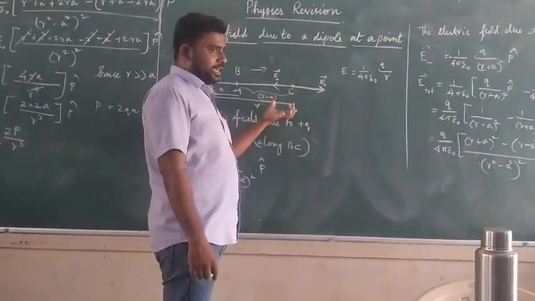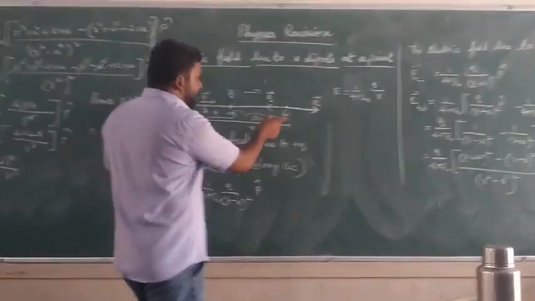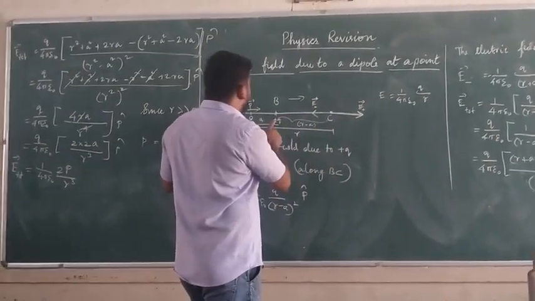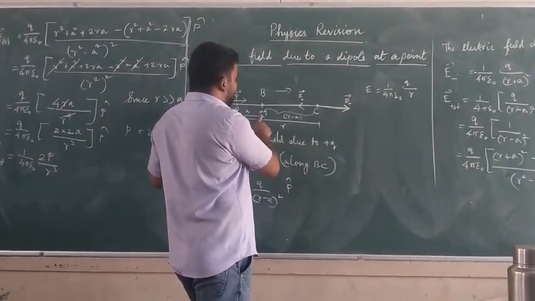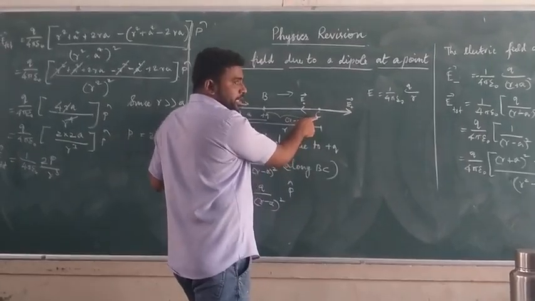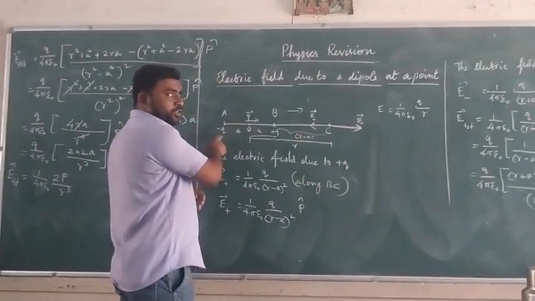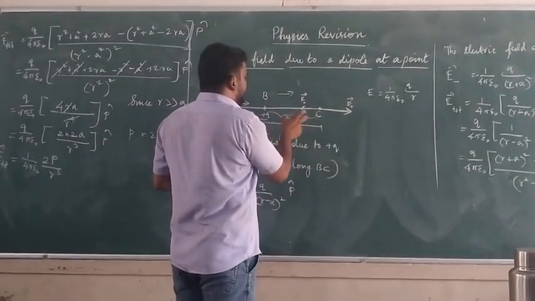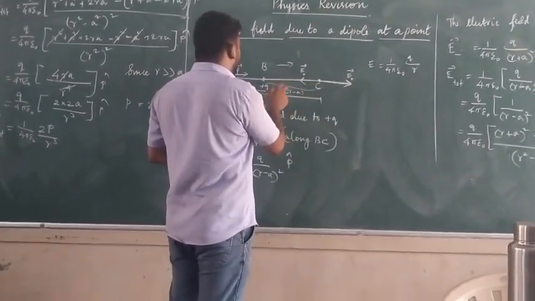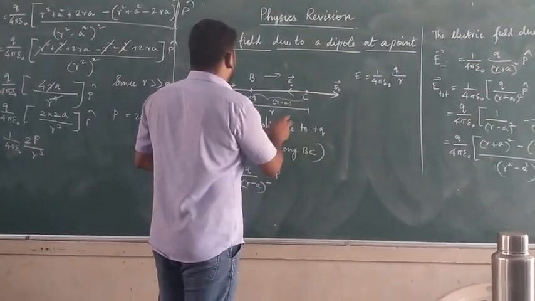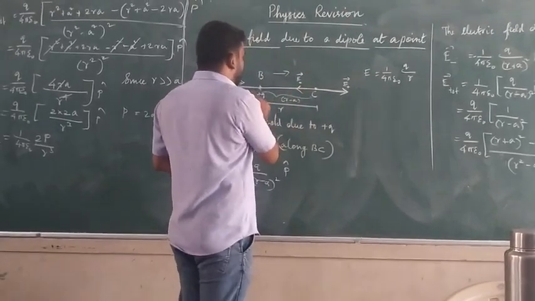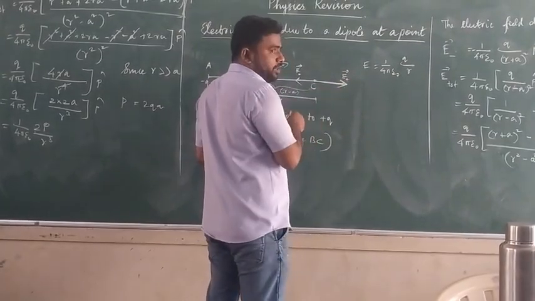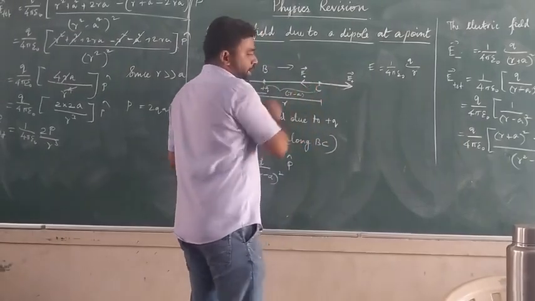Here we can understand the electric field strength is stronger due to the positive charge, because the positive charge is placed nearer to the point C than the negative charge. That is why the field created by the positive charge is very strong, and that is why we get a larger vector length as compared to the negative charge.